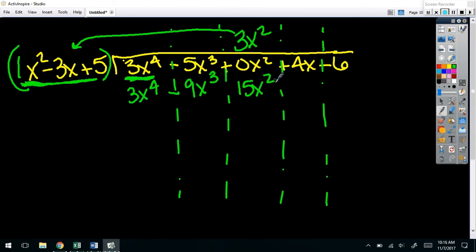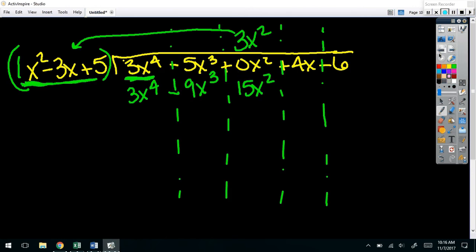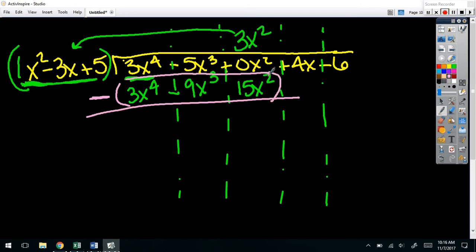All right, go back to your example. When we write this number here, what is the next step? You subtract. So here, I'm subtracting this to get 2. So on my example here, I'm going to subtract, but I'm subtracting everything. Remember when we subtracted polynomials?